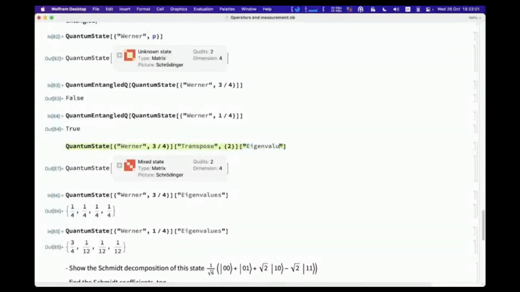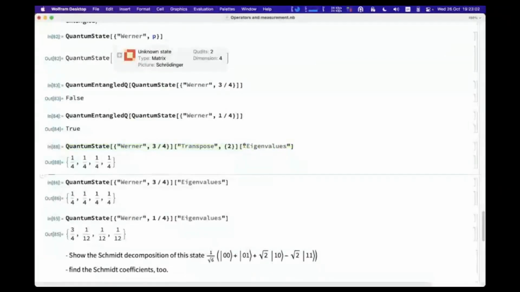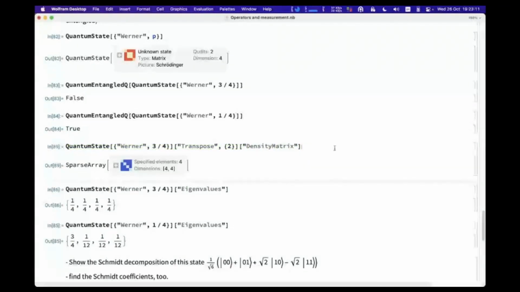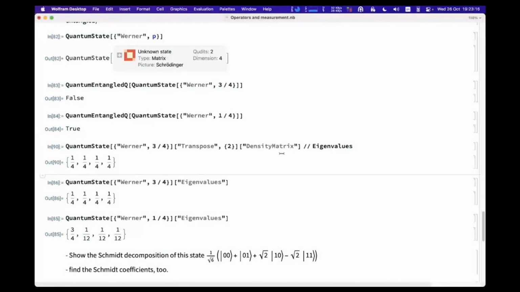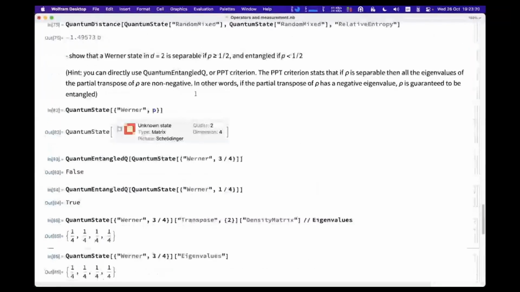And there, at least one of them. That's not what it's actually doing. Let's look at what, just a second. When p is less than that.